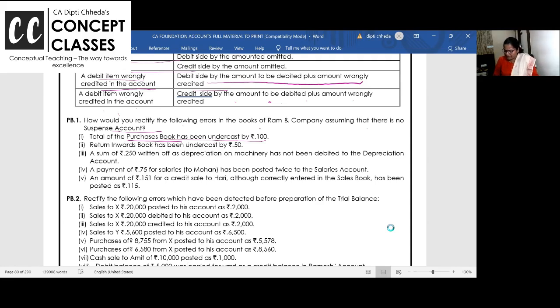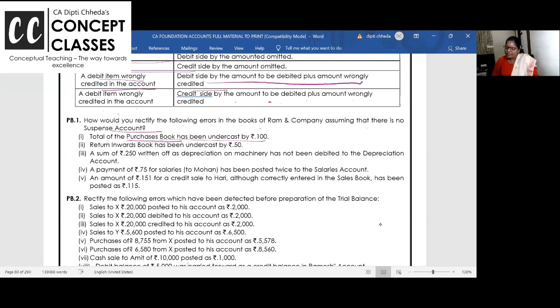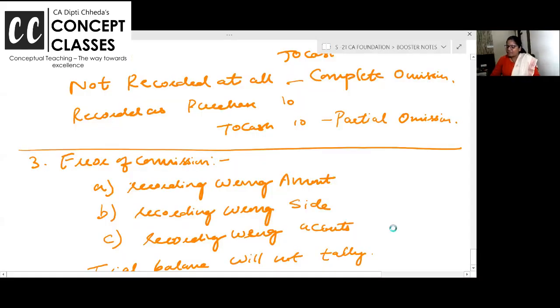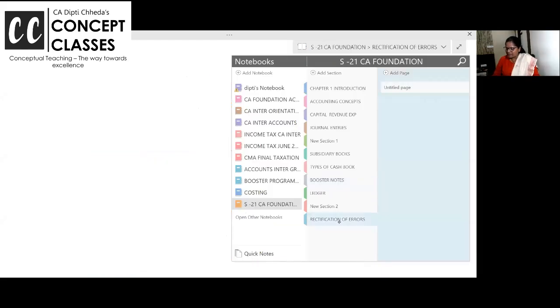So one error we will read and we will rectify now. Let us first read what exactly, how would you rectify? So we will go to that ledger and we will rectify it. I'm just giving all analysis and I'm making you write entries, but this is your first day. So if you wish to write the analysis also, let me know.